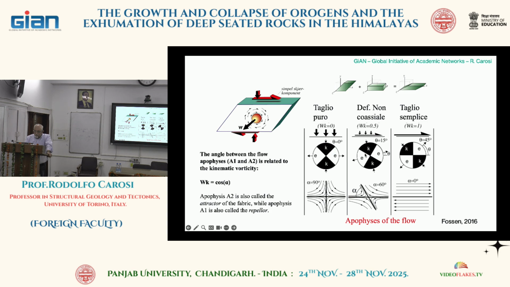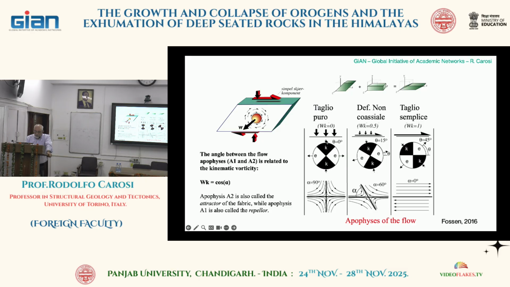If we look at this picture, we can see pure shear, non-coaxial deformation, and simple shear, and you can also see this thick black line, which is an apophysis of the flow.